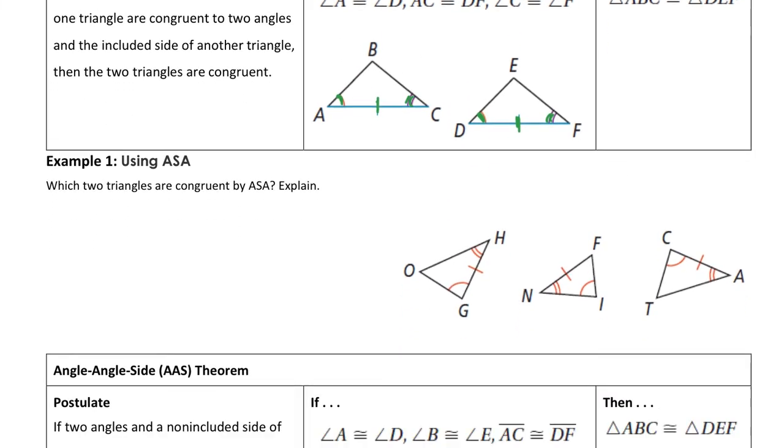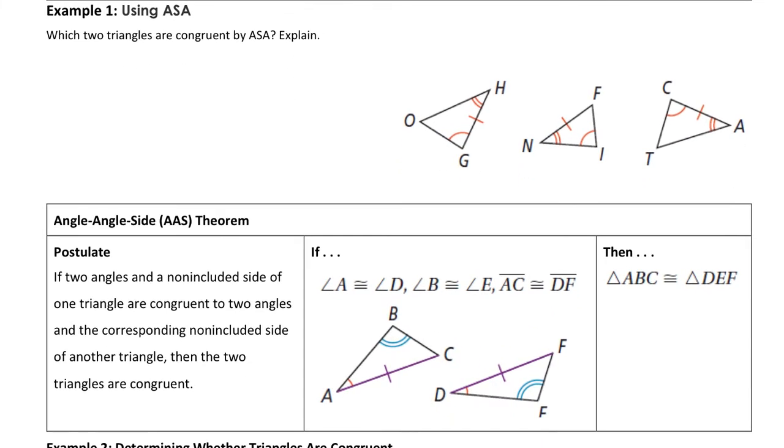So in example 1, we're trying to see which two triangles are congruent by ASA. So if I look for triangles that are congruent by ASA, I'm looking for a side that's in between a set of two congruent angles. So the two triangles that are congruent by ASA, and I've got to be careful in how I name them, I'm going to name them triangle GHO.